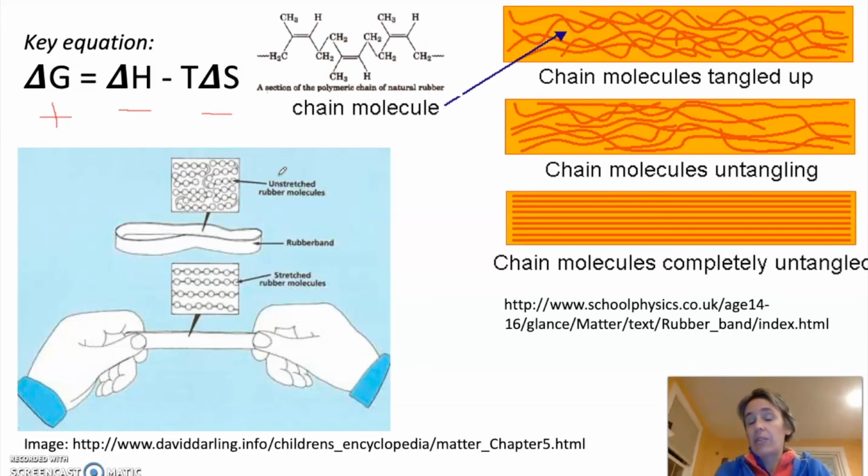This picture, I think, demonstrates it really nicely as well. So yeah, when it's unstretched, all these molecules are tangled with each other. And there's about 1 billion ways that these things could get tangled. Thinking about entropy as related to the number of possible orientations and places that these atoms and molecules could be in, there's a whole lot more disorder here, a whole lot more entropy here than there is when those chain molecules are stretched out and untangled from each other.